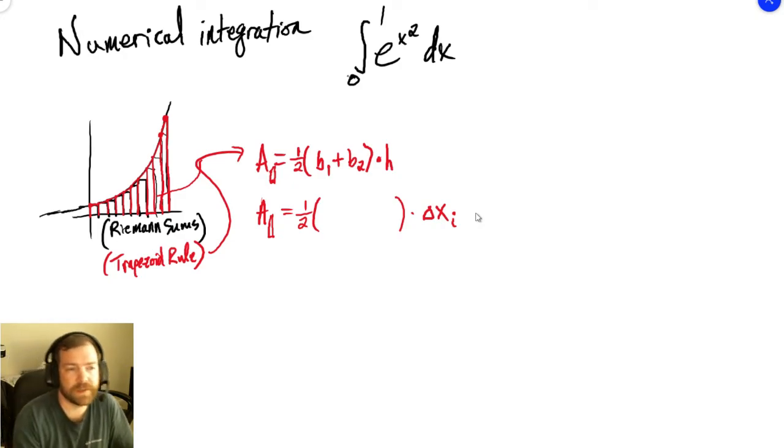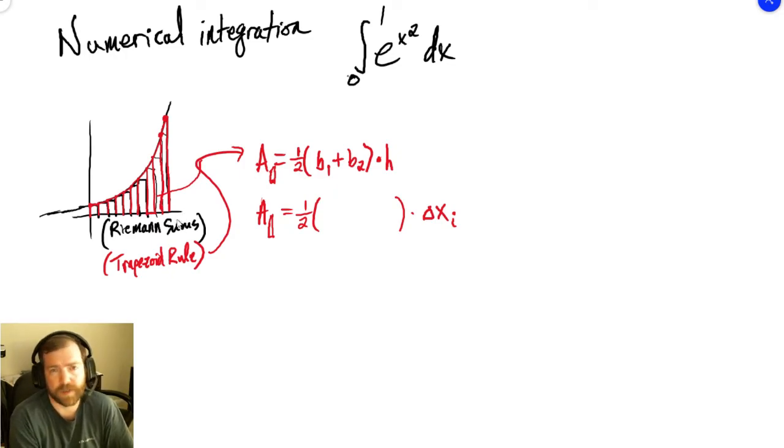Now, in some cases, like on this nice smooth curve here, it's probably not going to matter all that much. Your delta x being the same all the way across is probably going to get you a decent enough approximation.